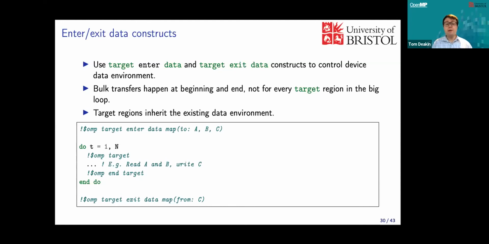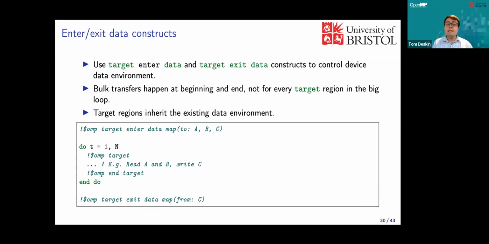To do that, before we go into our loop, we're going to use a target enter data construct. We just say OMP target enter data, and then this is where we add the map clauses that we've had from before. This is essentially breaking up the behavior of the target directive into two. When we have a target, it transfers execution and it transfers data.